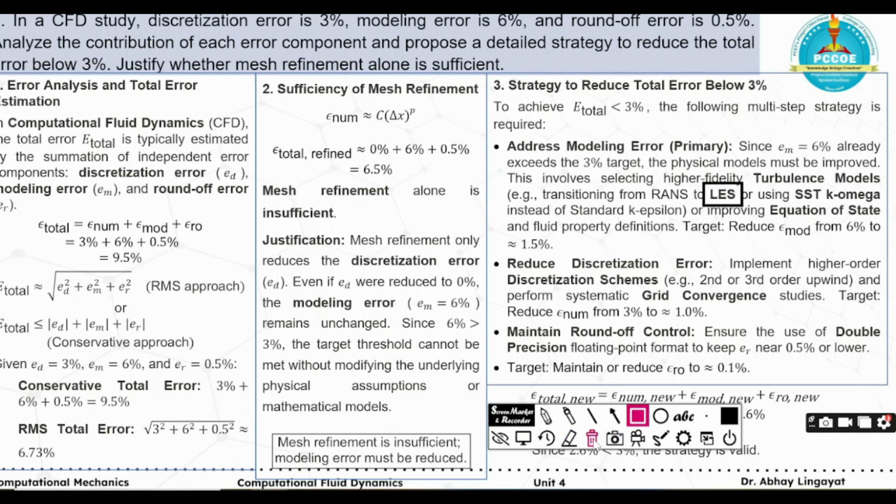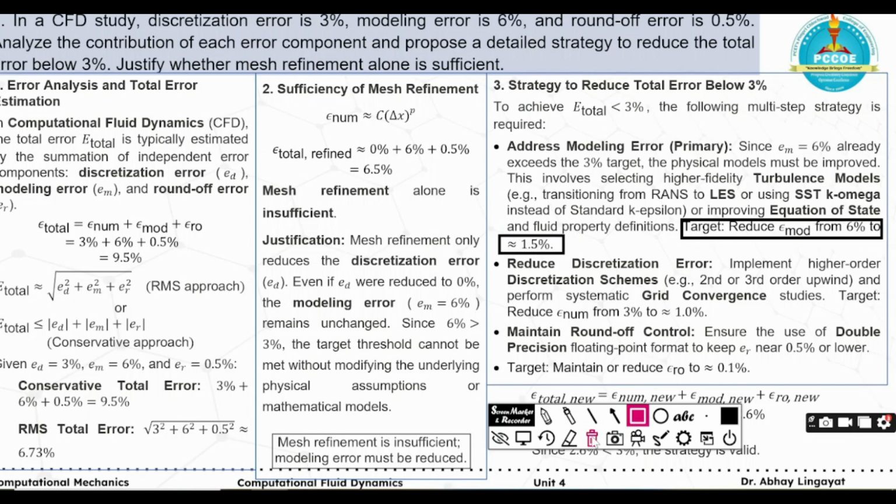Also we can improve the boundary conditions by using experimental data or validated profiles instead of uniform assumptions. So the target will be to reduce the modeling error from 6% to 1.5%.